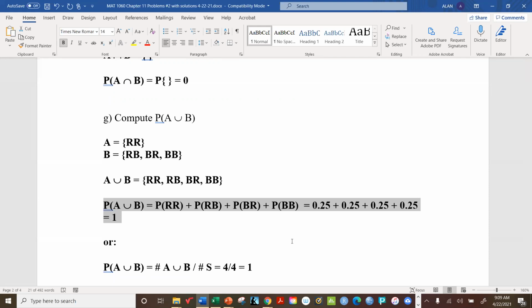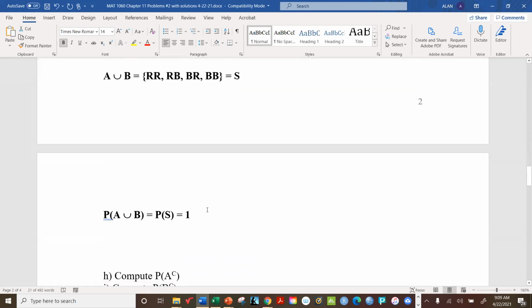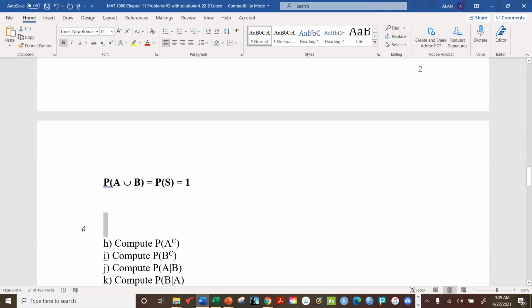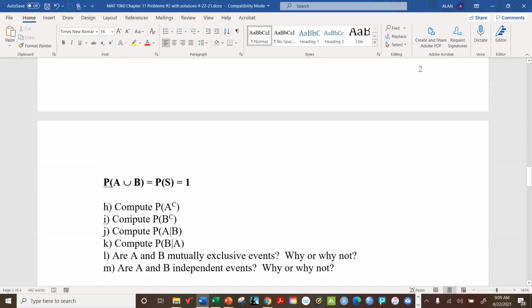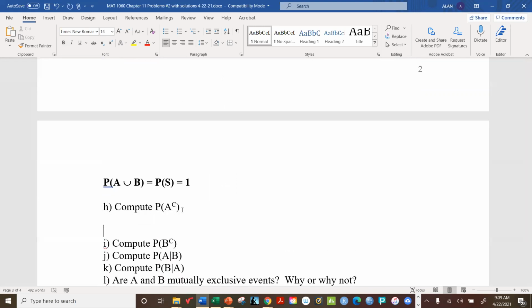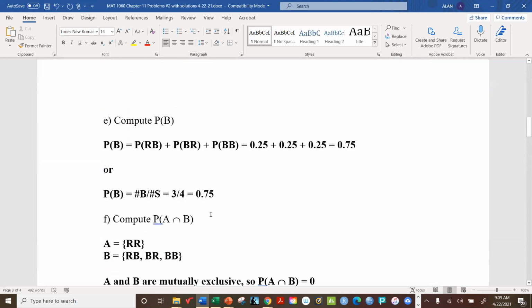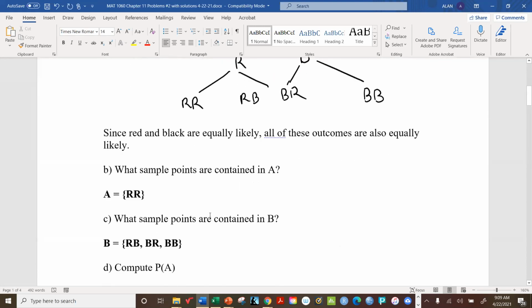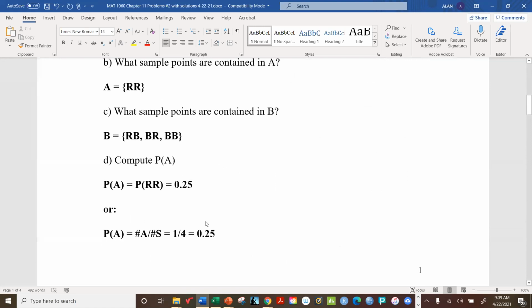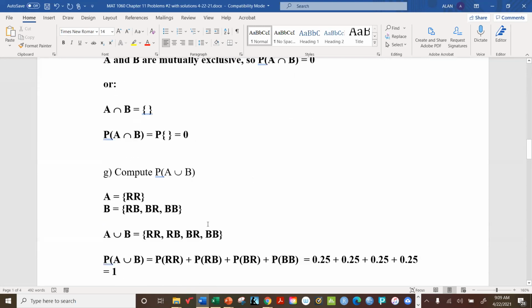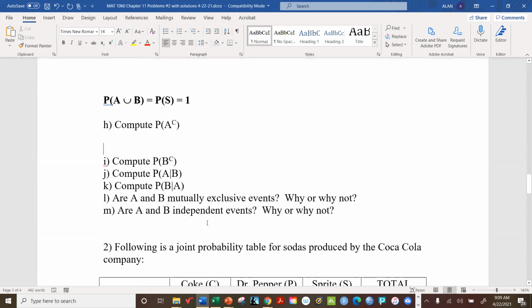All right. Now, what else do we have to do here? Oh, here's the complement rules. Those are so easy. All right. Now, let's just go back and briefly review here. A had a probability of 0.25 and B was 0.75. So let's apply this rule.